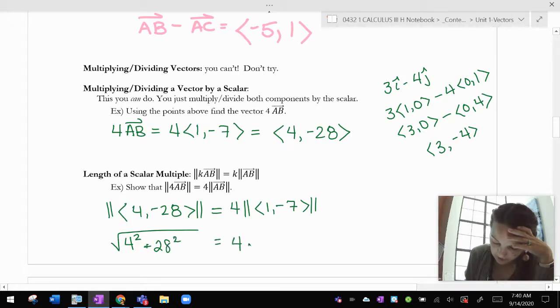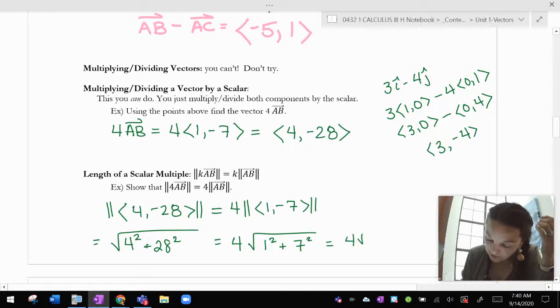And I want to show that this is 4 times the square root of 1 squared plus 7 squared. Let's see, this one, 7 squared is 49, plus 1 is 50, so this is 4 radical 50, which really ends up being what? I can pull a 25 out, so 20 root 2.